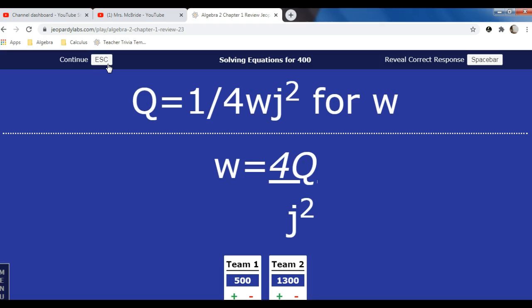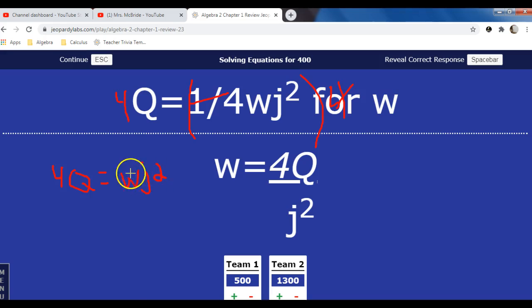There's really not much more work to show you. What I did to start was multiply both sides by 4. That cancels the 1/4 and the 4 on the right and leaves you with 4Q. So then you have 4Q equals WJ squared.